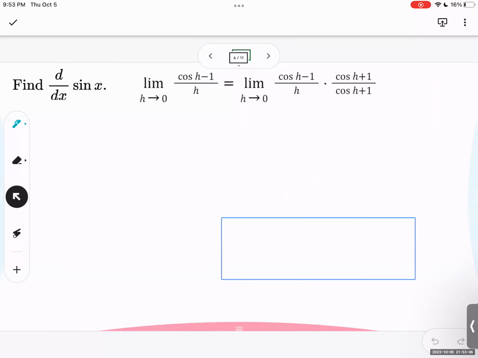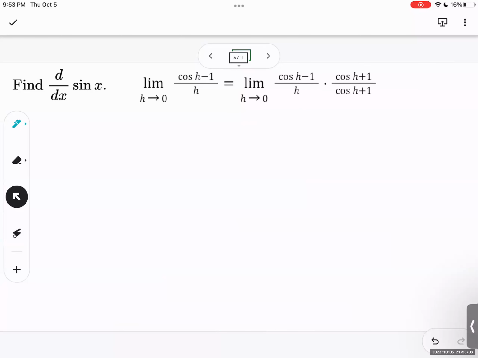So the first thing we're going to do is multiply by, so we have cosine h minus 1, we're going to multiply by cosine h plus 1. If we multiply our numerator by cosine h plus 1, we multiply our denominator by cosine h plus 1.